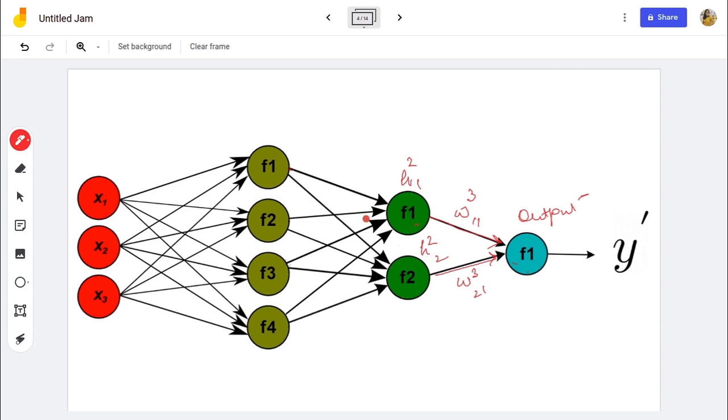So this is happening. Now you will get Z, 3 superscript 1. We will just have 1 because we have only one node here. So that will be equal to W311 into H21 plus W321 into H22 plus bias.